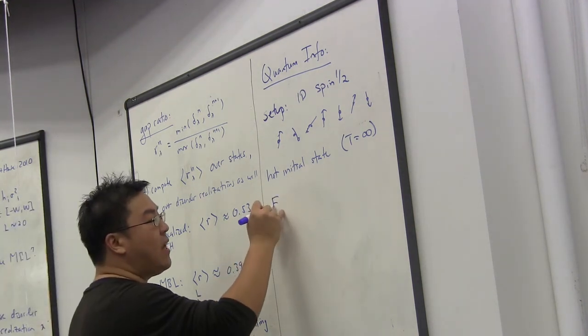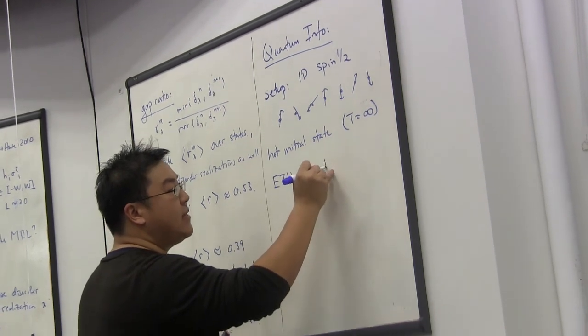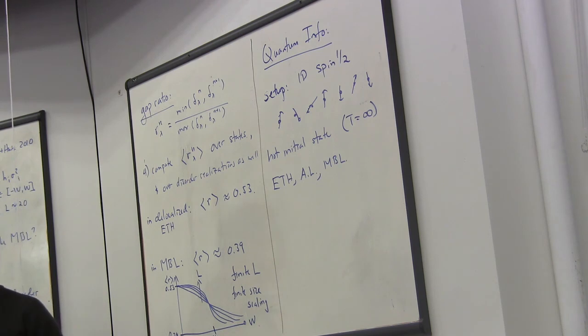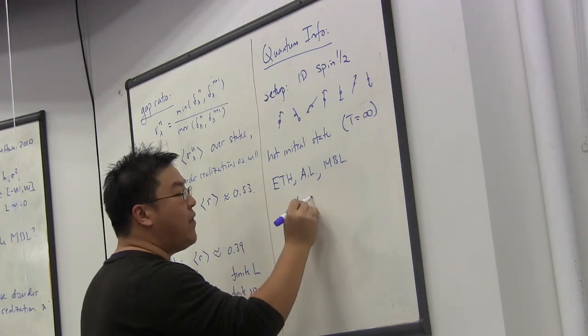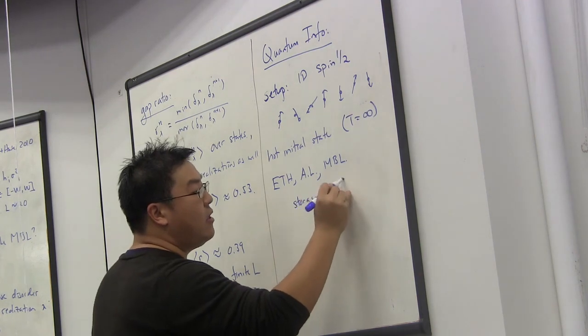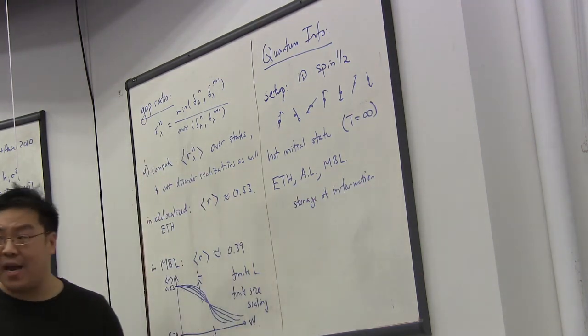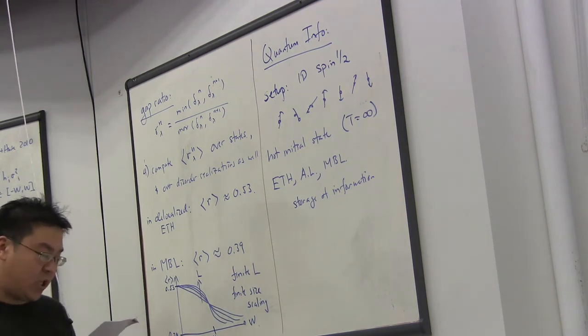Comparing phases that are ETH to phases that are Anderson localized to phases that are many-body localized, how can we understand these three phases in terms of storage of information? Note that I haven't specifically said that the information has to be quantum yet. I've just said we're thinking about this in terms of the storage of information.